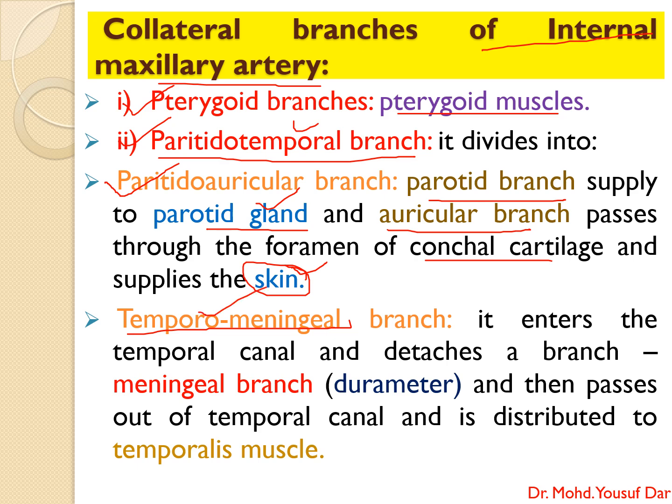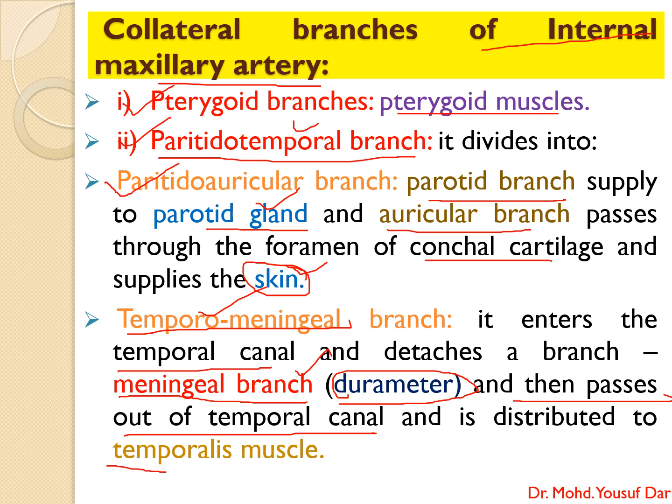Now another branch of this parotidotemporal branch is the temporomeningeal branch. This temporomeningeal branch passes through the temporal canal, and within the temporal canal it gives off a meningeal branch, which supplies the dura mater. Then this temporomeningeal branch comes out of the temporal canal and is distributed to the temporalis muscle.